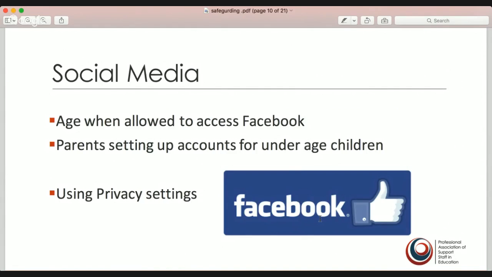Everybody's using Facebook and something did go wrong. We would find it very hard to get over that if something did go wrong and we did nothing about it. So please don't feel you're being trivial or you're being nosy or inappropriate. If you know that a young child is using Facebook and they've got a site and you know they shouldn't have it, then please report it to the appropriate person.